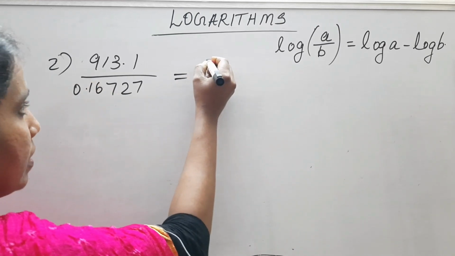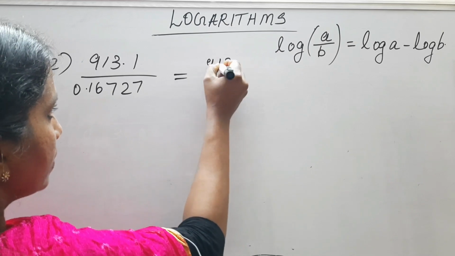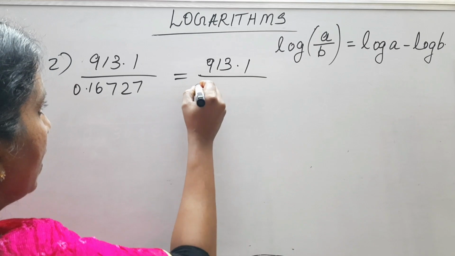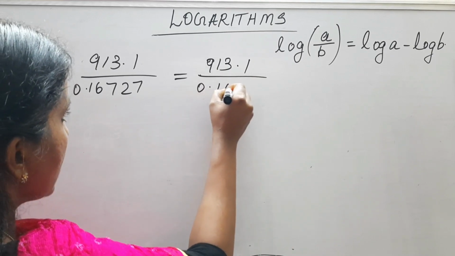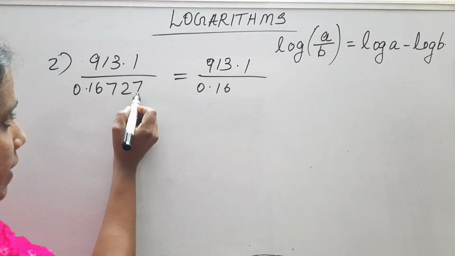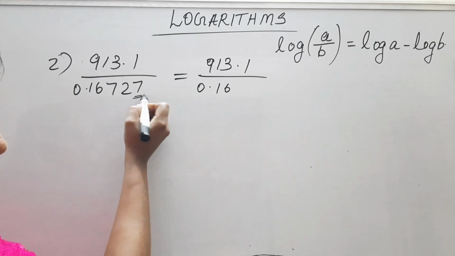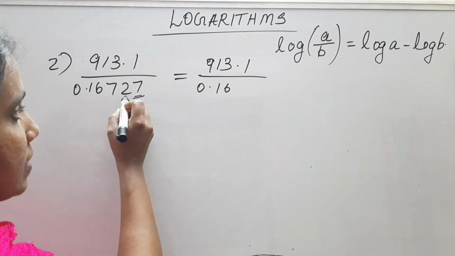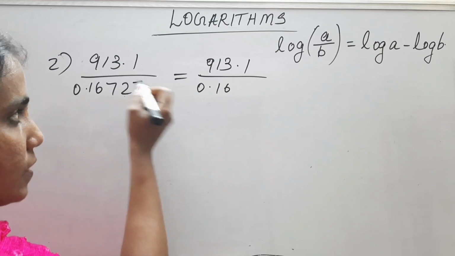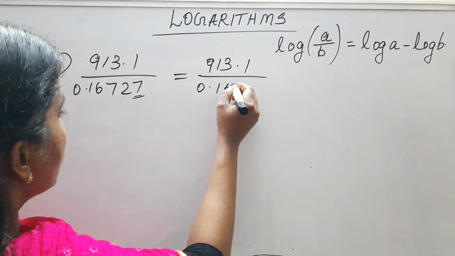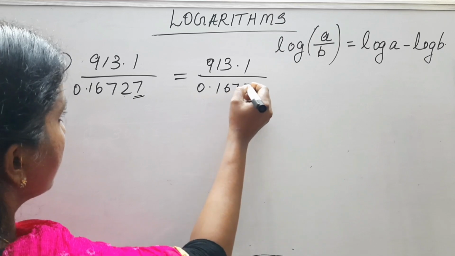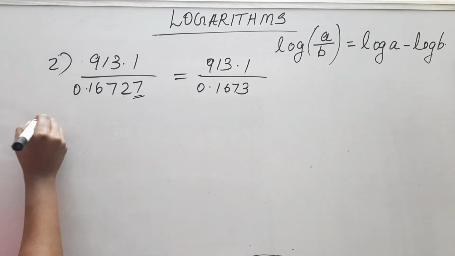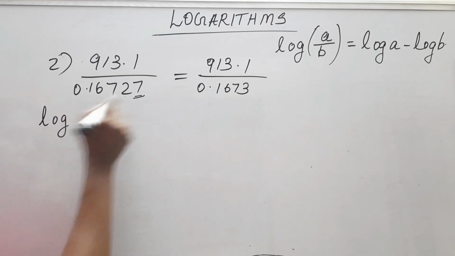So you can rewrite this as 913.1 divided by 0.167. The digit to be dropped is 7, which is greater than 5, so you add 1 to the previous digit, that is 2 plus 1, so it becomes 3. So it becomes 0.1673. Okay, that is the first step. Now we have to take the logarithm.